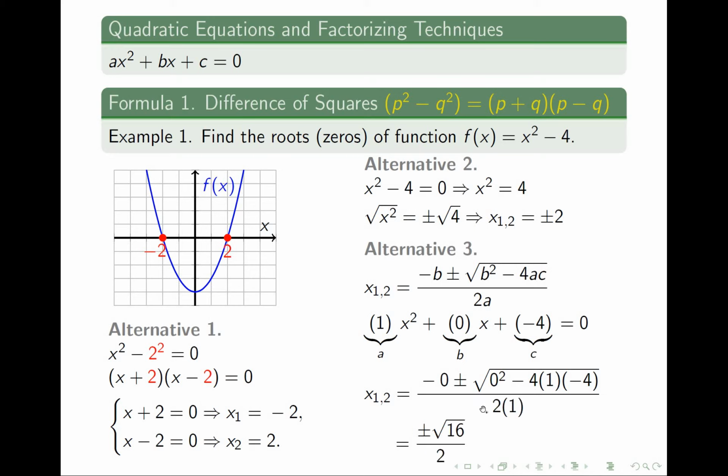Then we will get minus 4 times minus 4 is plus 16, and then divided by 2, and here we had plus minus, so we put them here, and the square root of 16 is 4, so plus minus 4 divided by 2, which is plus minus 2. So this result is the same as this and the same as this.